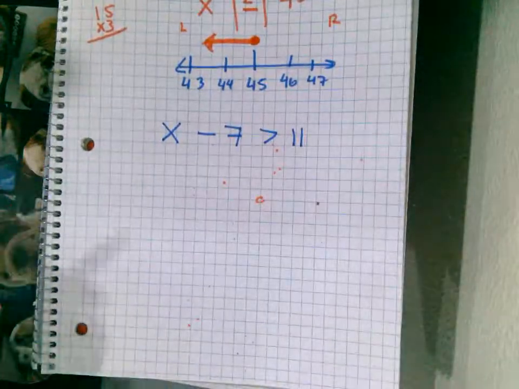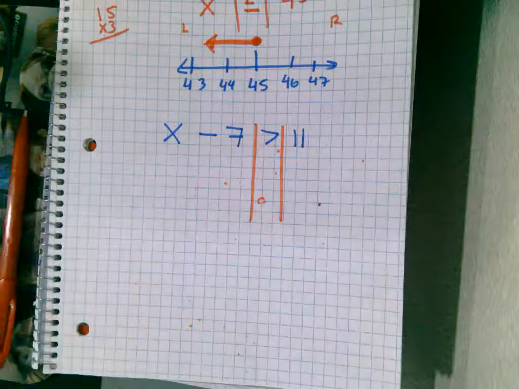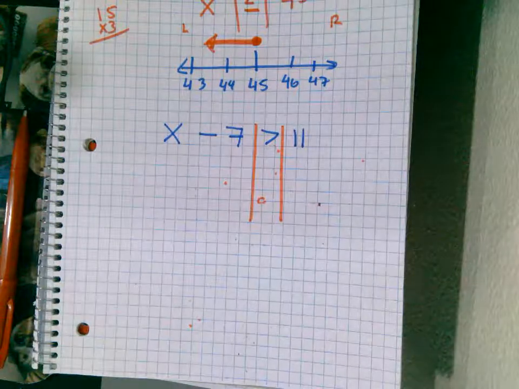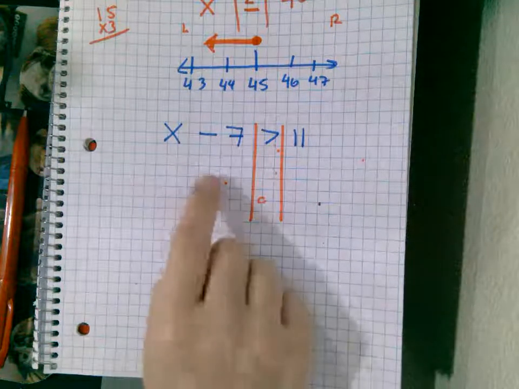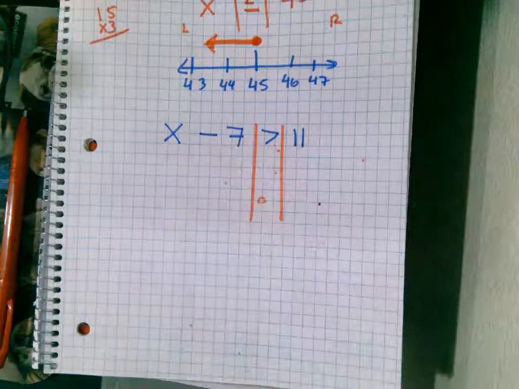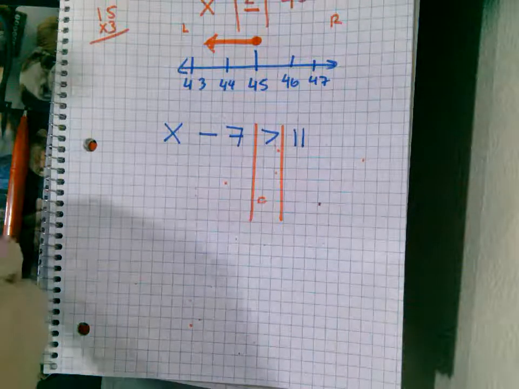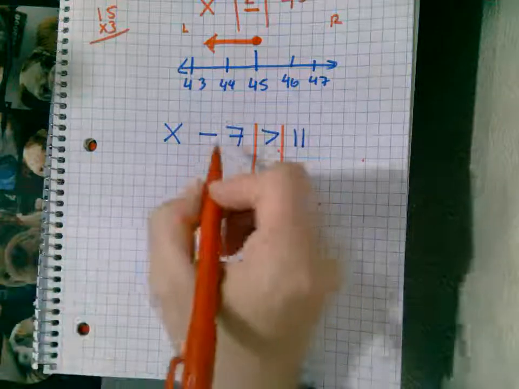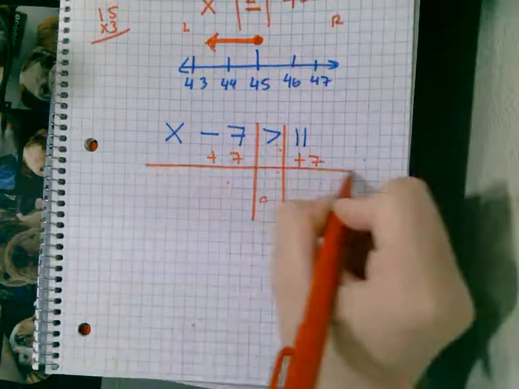So first thing you have to do is draw your magical bars. These bars you guys have been drawing since October. All right, so if it says minus 7, what are you going to do? What's the opposite of minus 7? Addition. So I'm going to add 7 to this side, add 7 to this side.